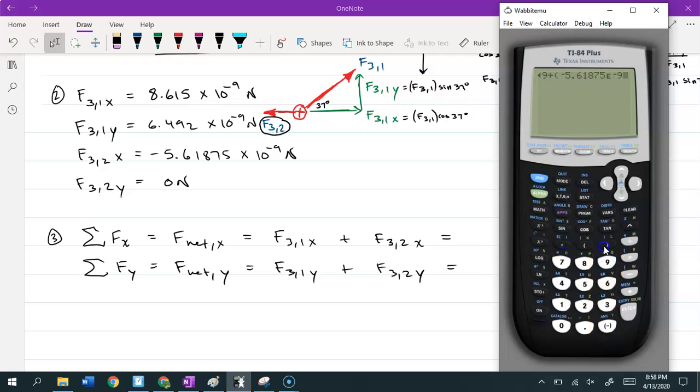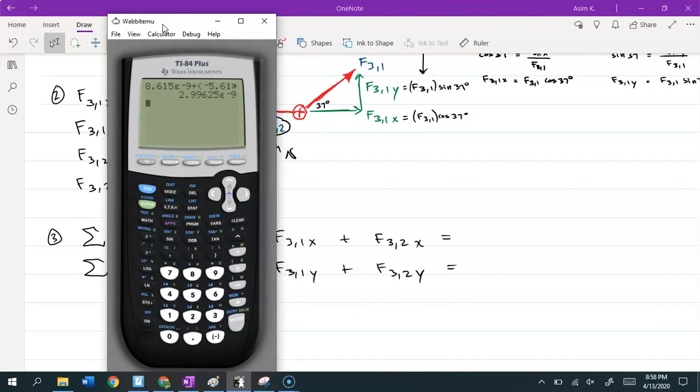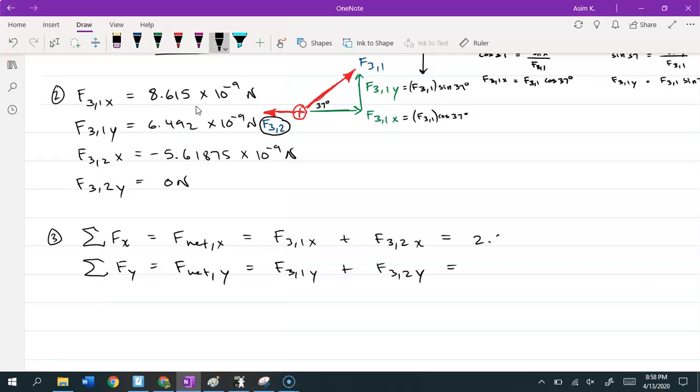When we calculate this, it gives us the net force felt by charge 3 overall in the x's, like which way it is being pushed. It turns out in the end, it really wants to get away, even though it's being attracted, because that's a positive right there. So we end up with 2.996 times 10 to the power negative 9 as the net force in the x's.